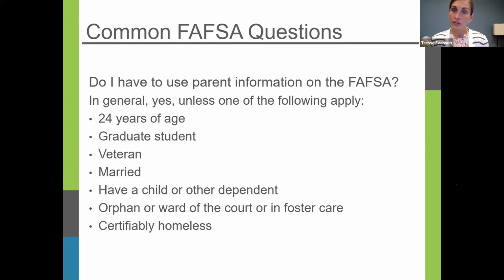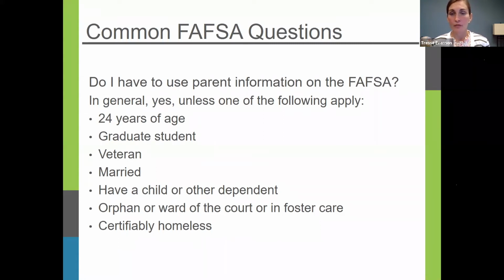So if a student fits into any of these categories, they mark that in the FAFSA application itself when they're filling it out. And sometimes schools will follow up, and sometimes they won't. Some schools will require proof that you do have a dependent of your own, or proof that you are in legal guardianship, or those kinds of things.